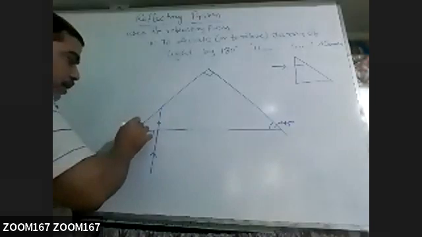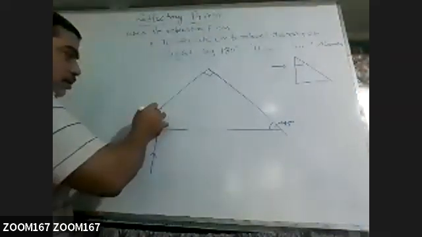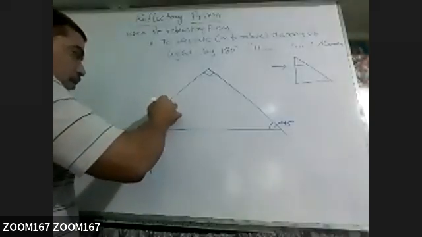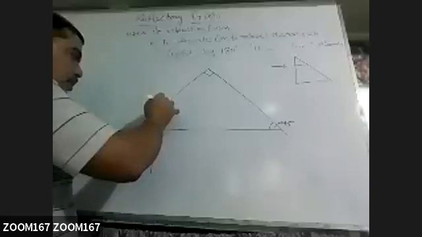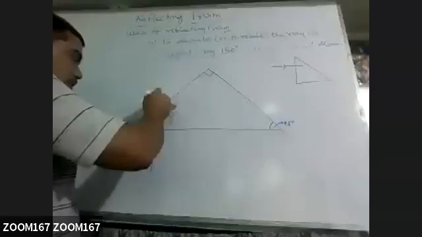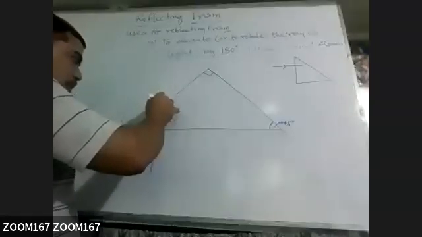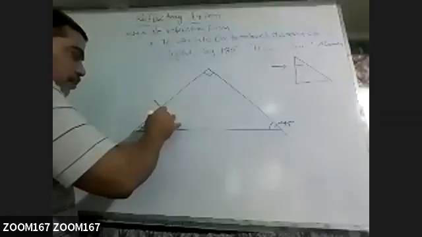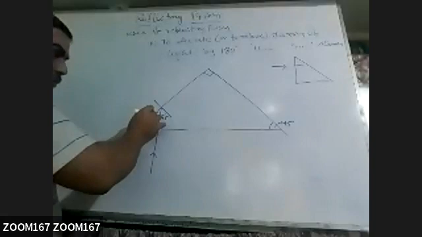This is 45, this is 90, this is 45. So when we draw the normal, this angle is 45, this is 45, so the angle of incidence is 45 degree.